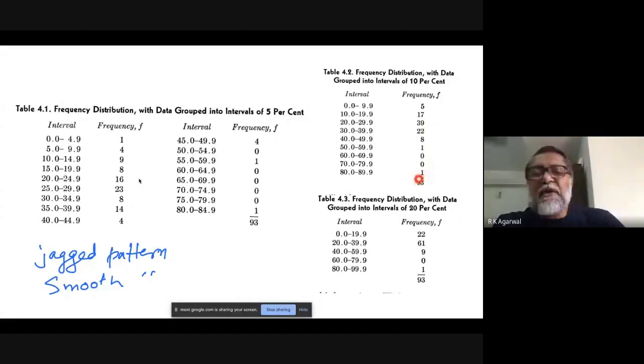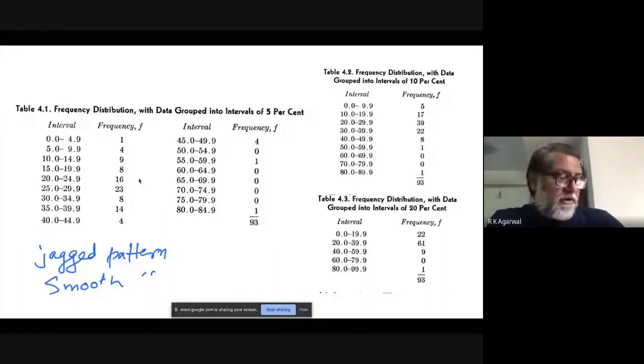But here also there are two classes which don't have any frequency. But this is unavoidable. You can avoid it only if the last class has an interval greater than the interval of the first few classes, which is generally not recommended. So let it be 0, 0 and then finally 1. But this gives you a better picture.